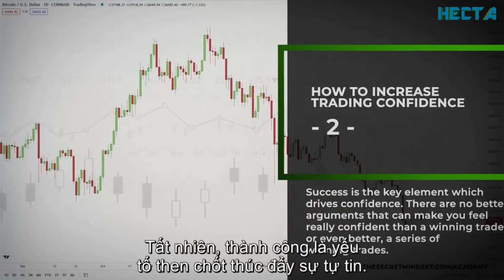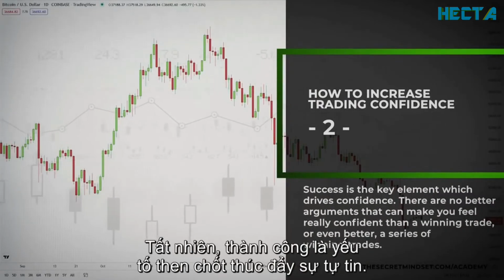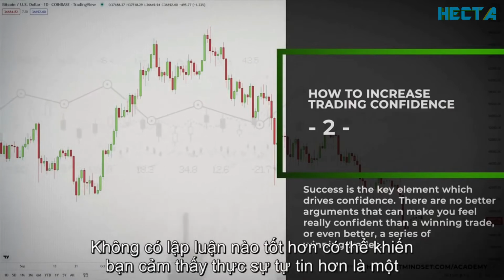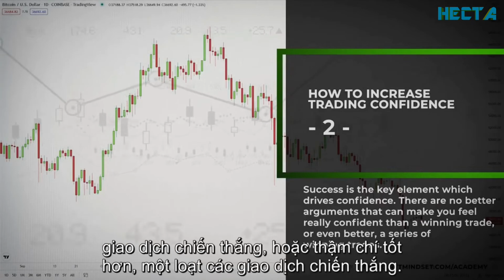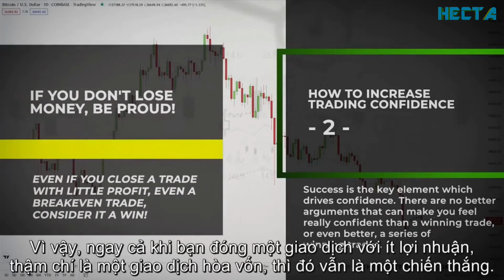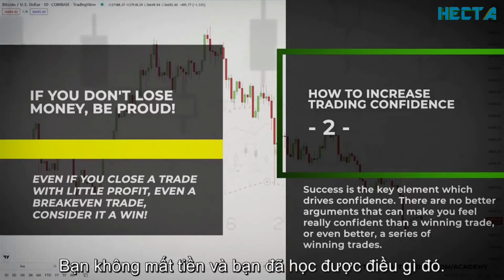And of course, success is the key element which drives confidence. There are no better arguments that can make you feel really confident than a winning trade, or even better, a series of winning trades. So even if you close a trade with little profit, even a break-even trade, that's still a win. You didn't lose money and you learned something.